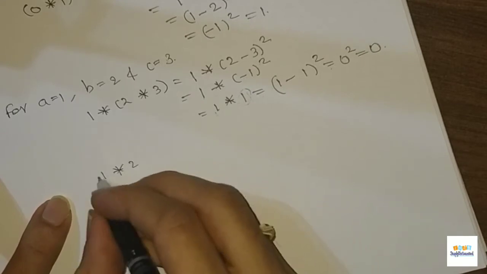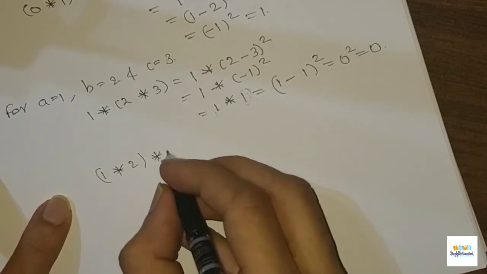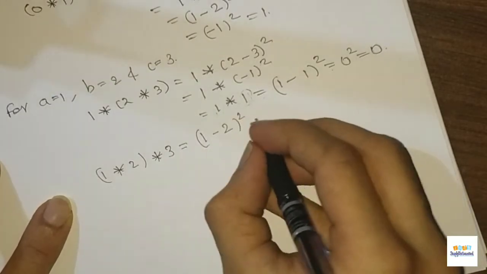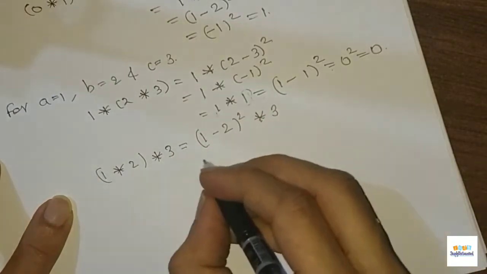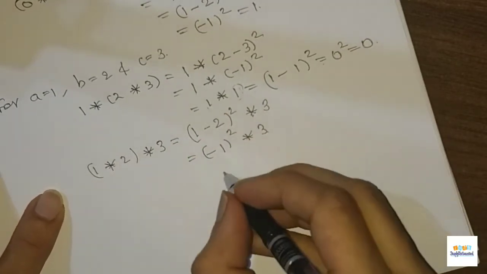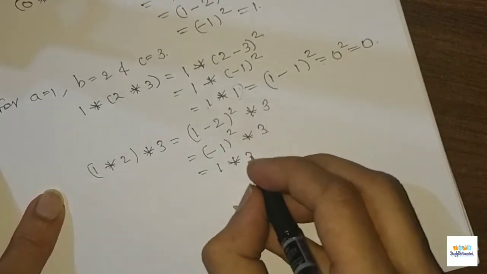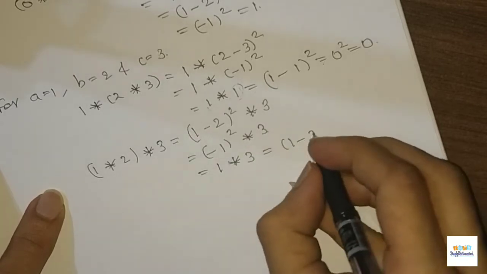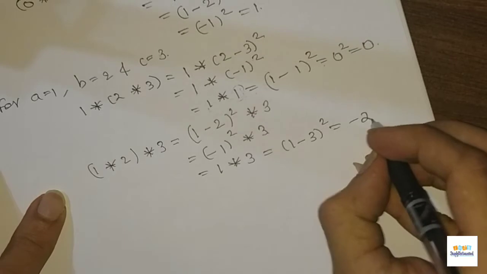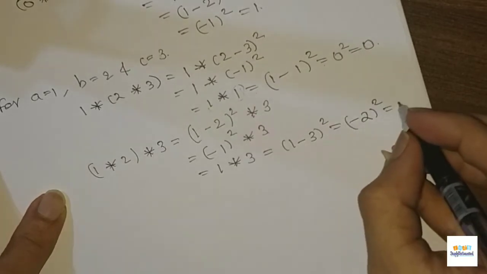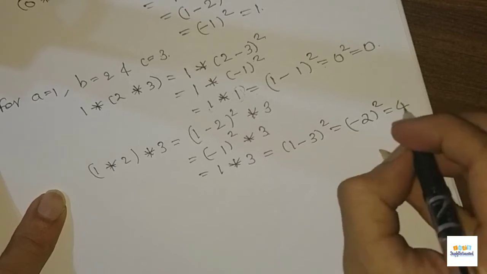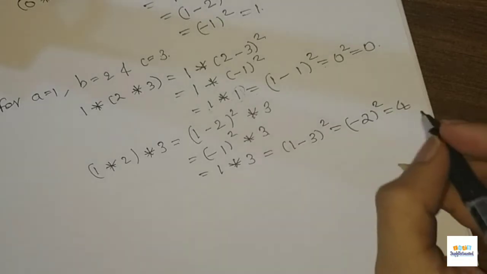Now if you look at bracket 1 star 2 bracket closed star 3, what will we get? 1 minus 2 the whole square star 3, which is minus 1 the whole square star 3. So which is 1 star 3, which is equal to 1 minus 3 the whole square, which is minus 2 the whole square, which is 4.